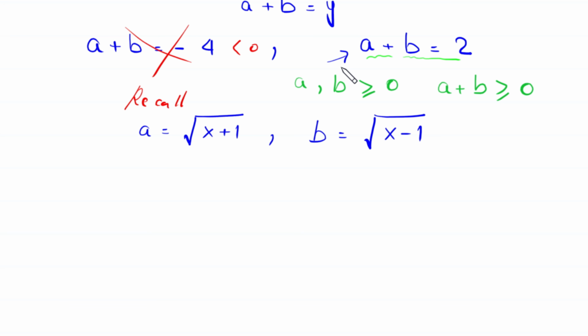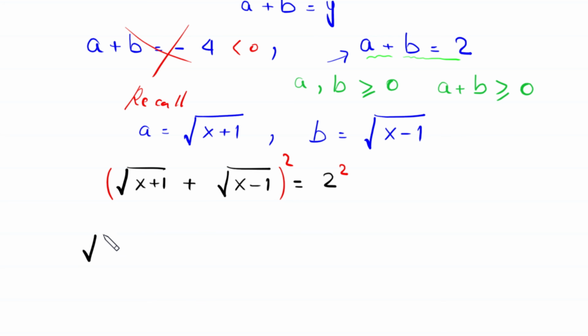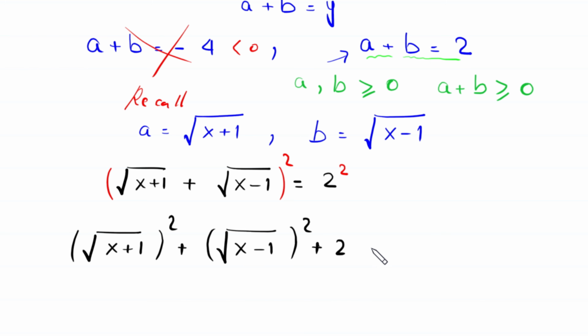So this equation will become root x plus 1 plus root x minus 1 equal to 2, and we take square of both sides. This will become the square root of x plus 1 squared plus the square root of x minus 1 squared plus 2 times the square root of x squared minus 1 equal to 2 squared, which is 4.